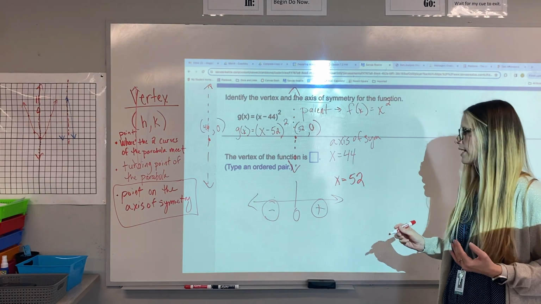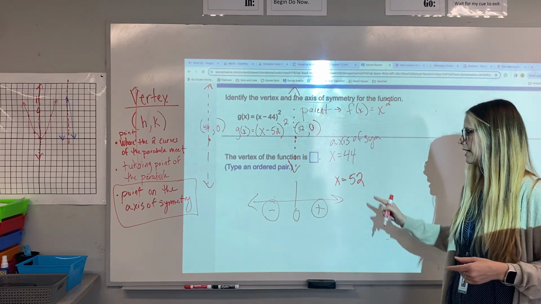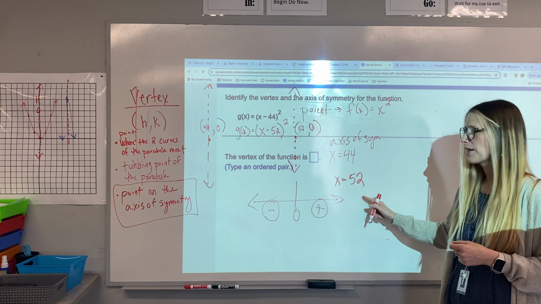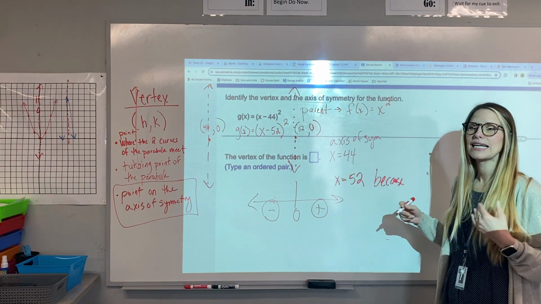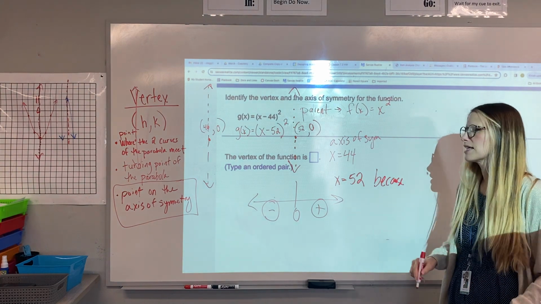You would write something like, the axis of symmetry is x equals 5/2, because we can put it as simply as this.